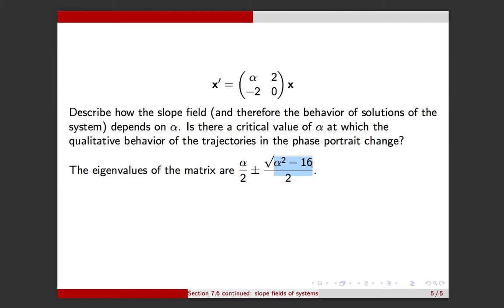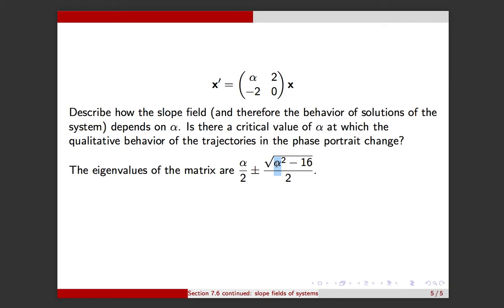Notice when I put in things like 5, 5 squared minus 16, I get something positive under the square root giving me something real. Same thing with 6, same thing with 10, same thing with 12. So any alpha value above 4, any alpha value 4 or higher, I get a real set of eigenvalues.